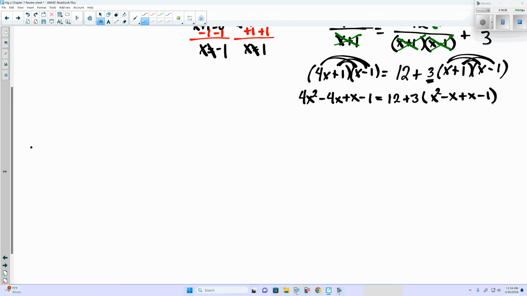Now at this point here, we can combine like terms. Our negative 4x plus x is negative 3x, minus 1 equals 12 plus 3 times, well, negative x plus x is 0, giving us x squared minus 1.